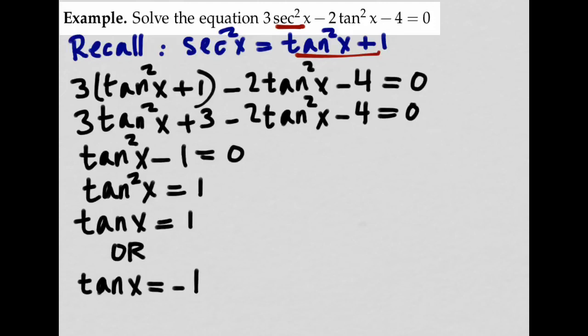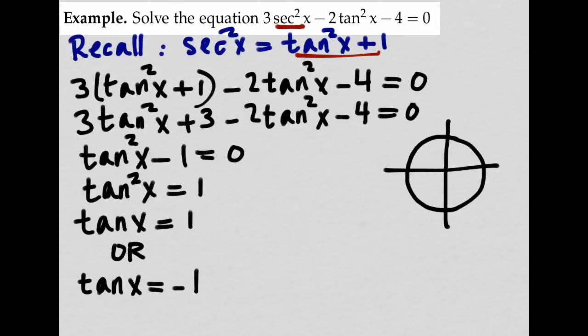Now, for what values of x is the tangent equal 1? There's exactly one value between 0 and pi for which tangent x equals 1, namely at pi over 4. So the first equation tells us that x is pi over 4 plus k pi.